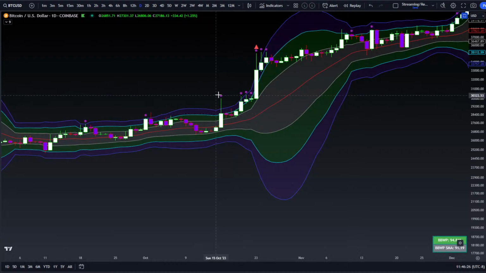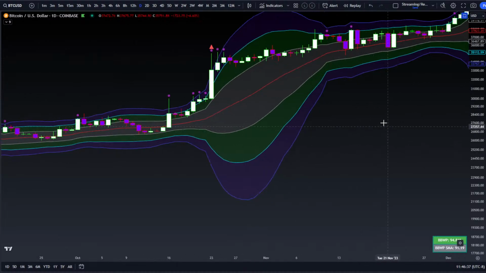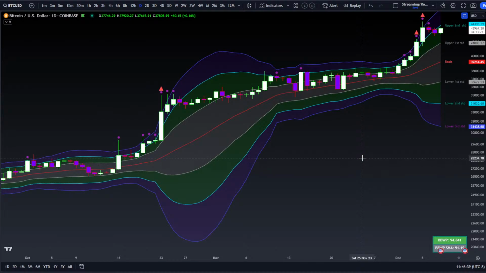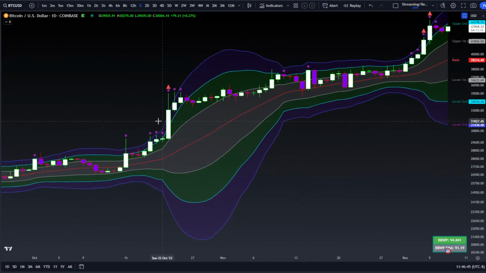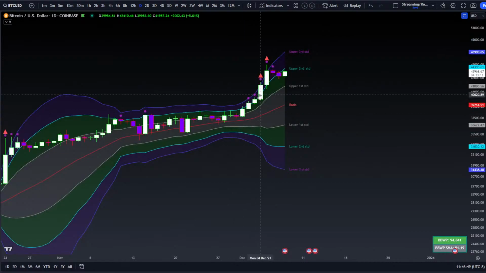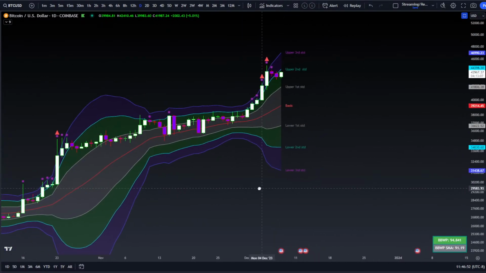Well, the purple circle there lets you know that it closed above the upper second. If you see a purple circle with a red triangle, in this case upward facing, that does mean that it closed above the upper second and third, and that's extreme expansion incoming. And you see that's what we got here on the daily. We also got it twice in these past two candles that just put in that high at $45,000, or at least the high as it stands right now.